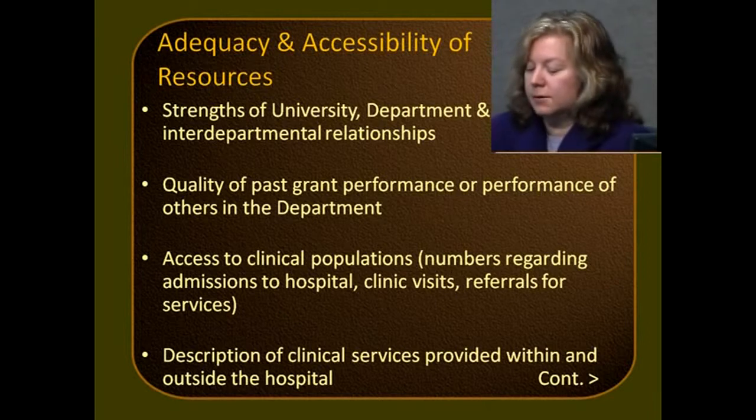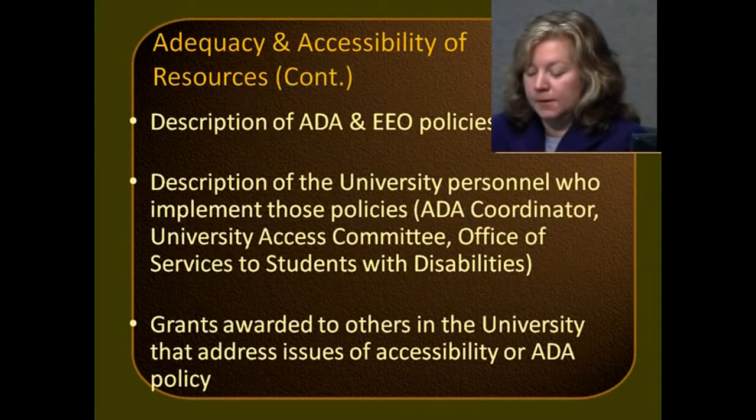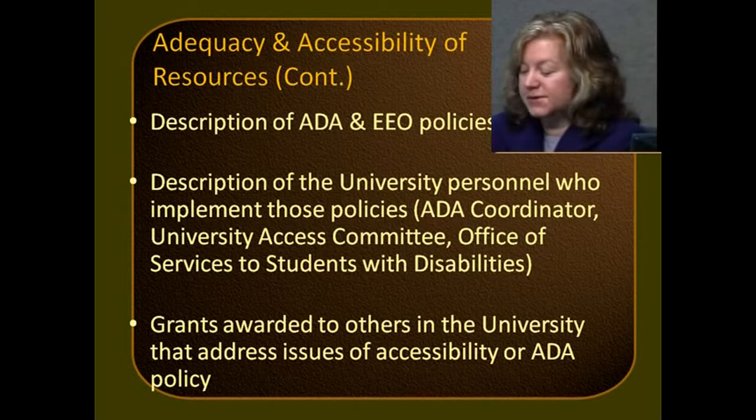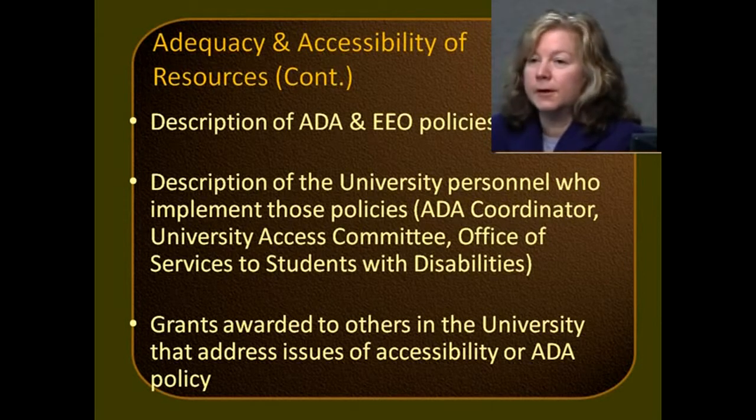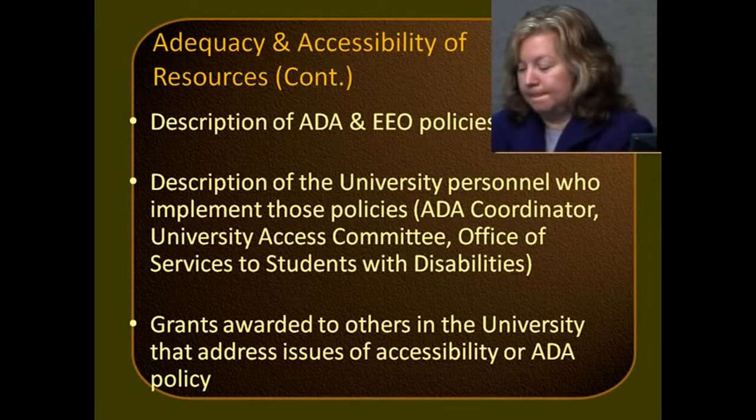So what clinical services do you provide within and outside your institution? What makes you a strong candidate to not only recruit individuals for research, but also meet their needs if there are any clinical needs?